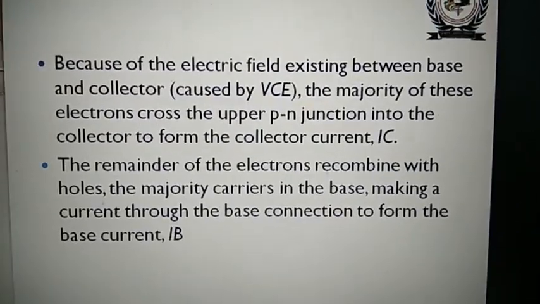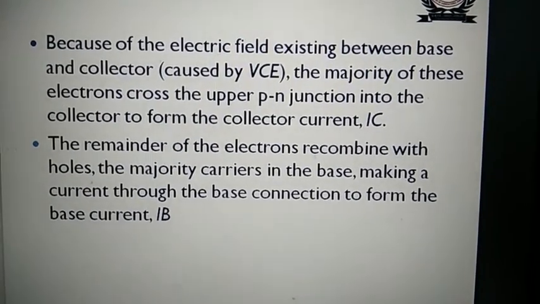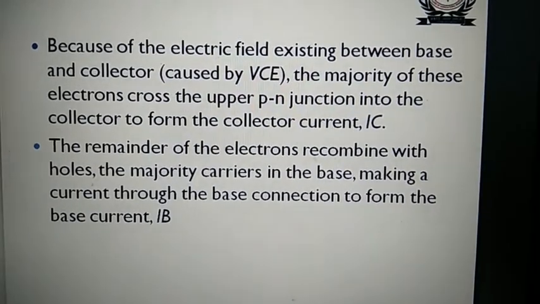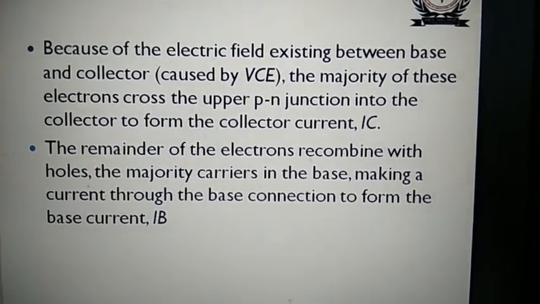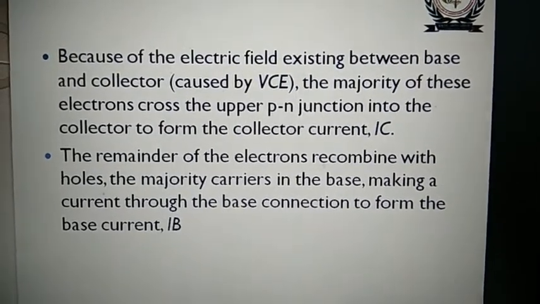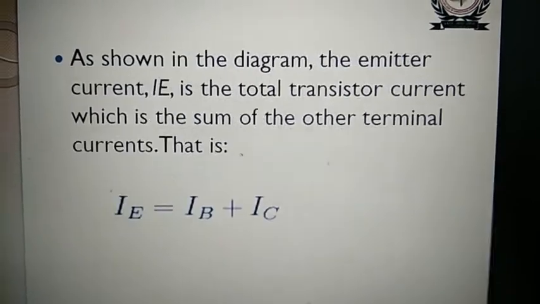So majority charge recombination in the base will form the base current IB, while the flow of electrons to the collector from the emitter will form the collector current IC. That is a collection of electrons in the collector section.